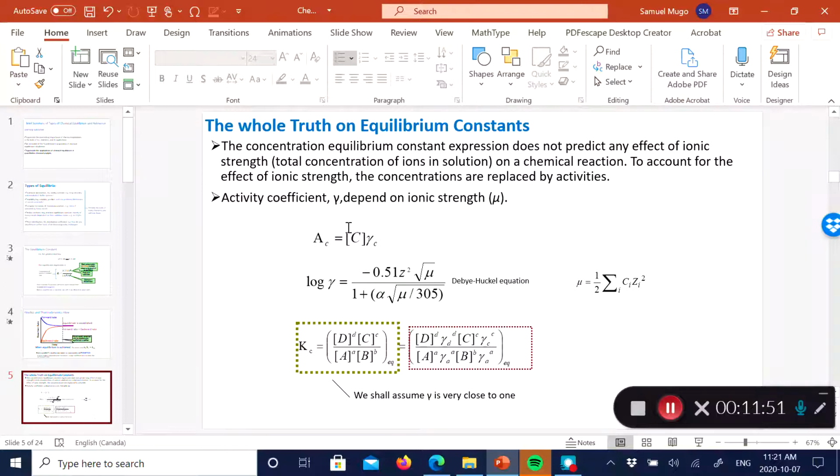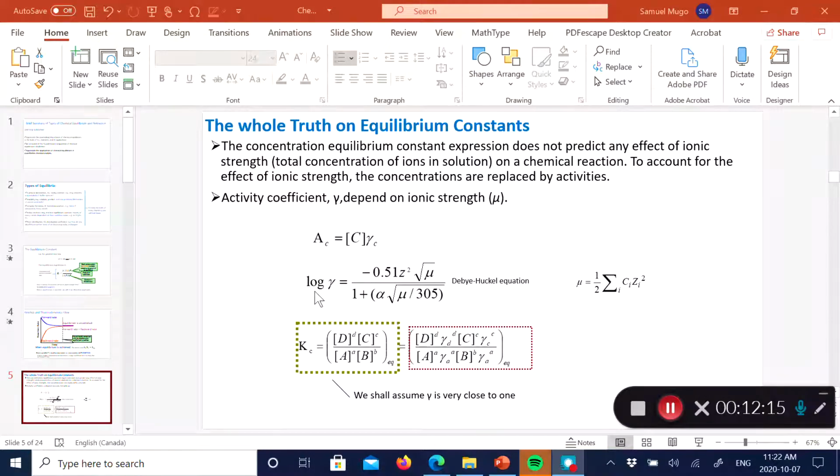And we all know activity is calculated as follows. So the activity, maybe of product C, is equal to the concentration of that product multiplied by what you refer to as the activity coefficient.